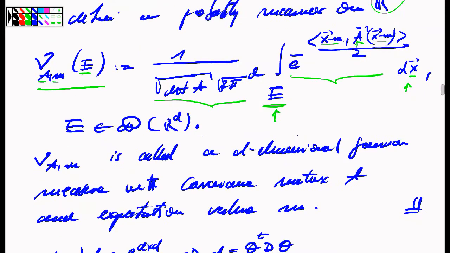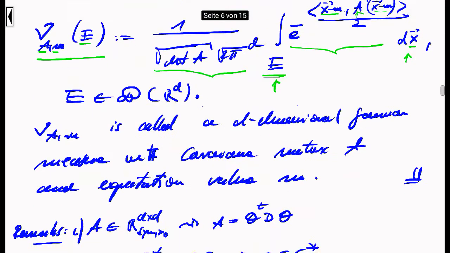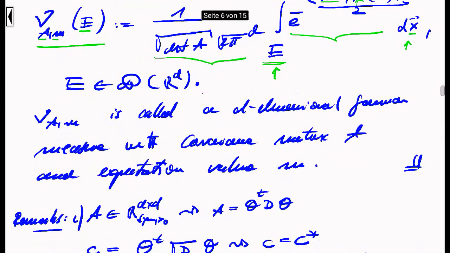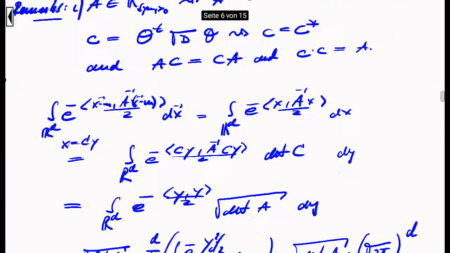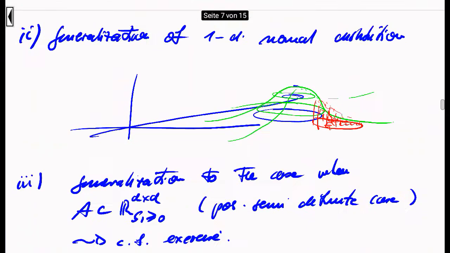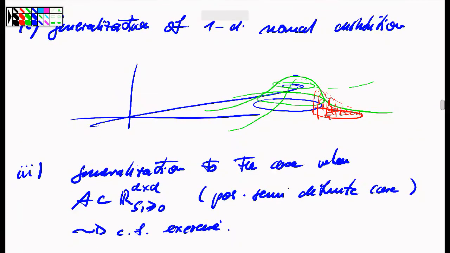Of course, there is this normalizing constant. Before I discuss the actual choice of this normalizing constant, I show you the picture that you might have seen already. So here you have the case when d equals 2. It's a picture for how we define this measure in 2 dimensions.